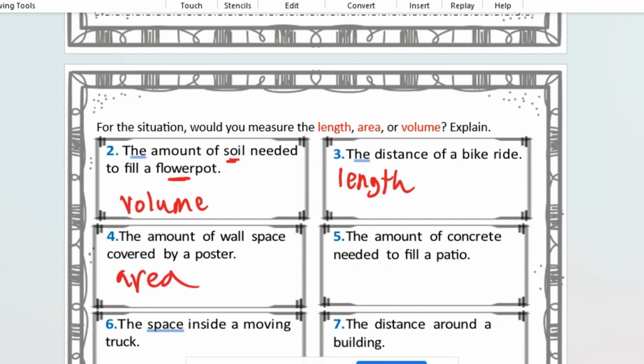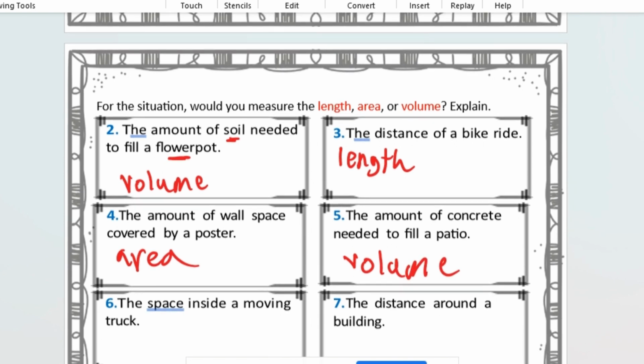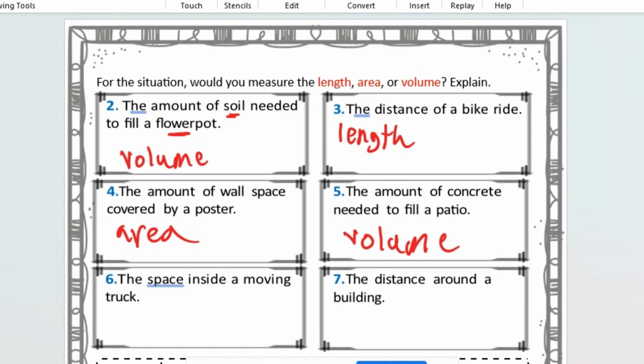The amount of concrete needed to fill a patio is a three-dimensional figure, so this is volume. Last two, the space inside a moving truck. Any space is three-dimensional, so this is volume. And last but not least, the distances are always length.